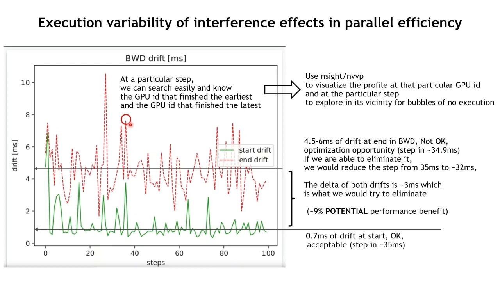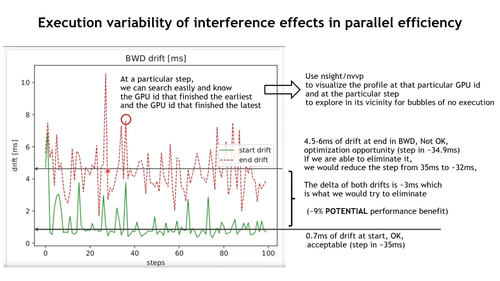We can not only measure the gap or delay in the execution of the particular edge of the stage, but also pick the right GPUs that will help us understand the impact at larger scale. All the other GPUs will be represented by just those two, which is an easier task to explore through a visualization tool like nSight. In this example of a large-scale run, we measured an average of 4.5 to 6 milliseconds of drift at the end of the backward stage.